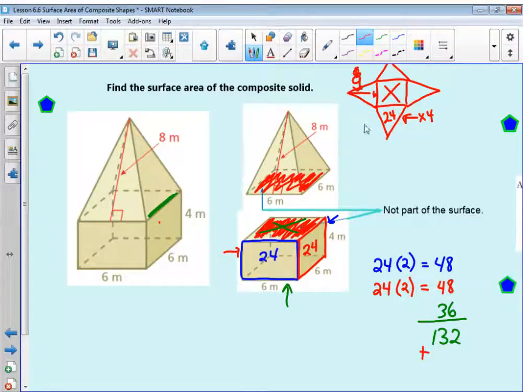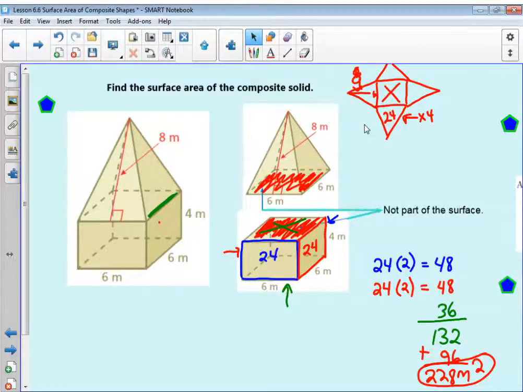So we're going to go plus 96, and when I do that, I get 228. Dimensions are meters, and that's squared because it's surface area. So remember, when you do composite figures, you do not include the surface of where those two figures meet. We didn't include the top of the prism or the bottom of the pyramid.